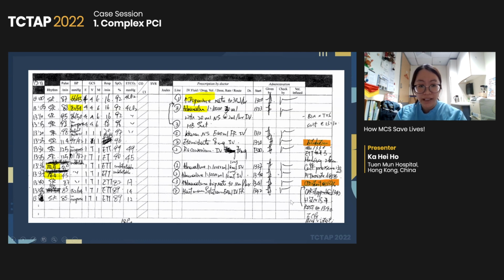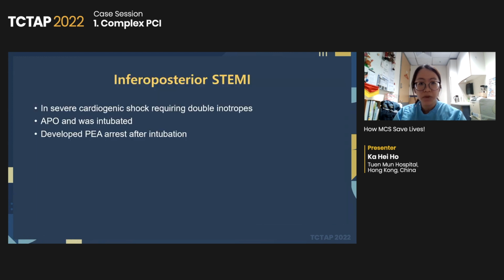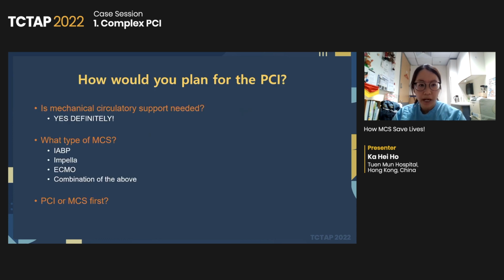Luckily, the patient's circulation was regained, but he still relied on very high dose inotropes. So this is a case of inferior posterior STEMI, and we are facing a patient with severe cardiogenic shock requiring double inotropes. The patient also had APO and was intubated, and had a brief PEA arrest after intubation. So he is now coming for primary PCI.